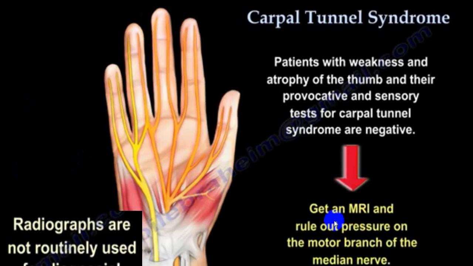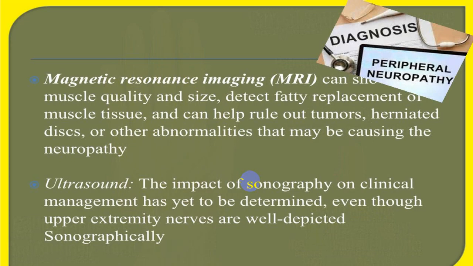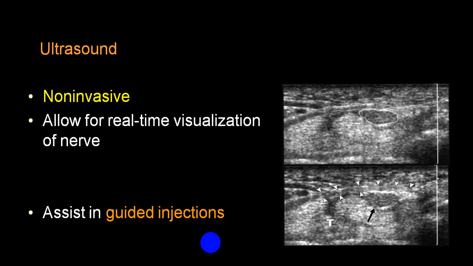MRI will be helpful to find out any fat material, lipoma, ganglion, etc. Radiographs are not routinely utilized, but in a suspected patient you can use them to decide regarding the decompression. Now ultrasound is also one of the simple techniques which can help you find out any compression in the carpal tunnel.